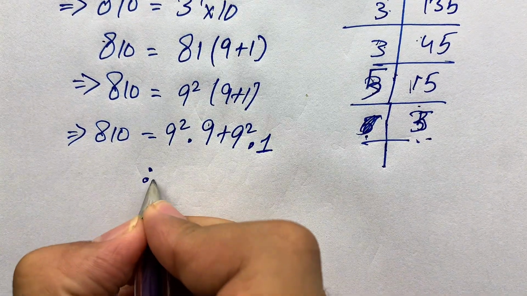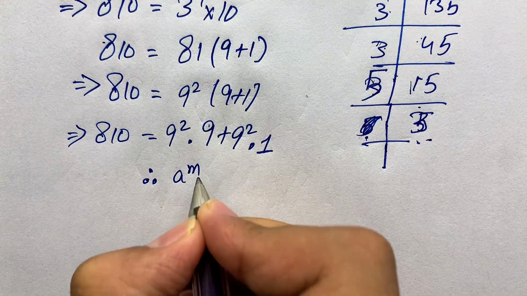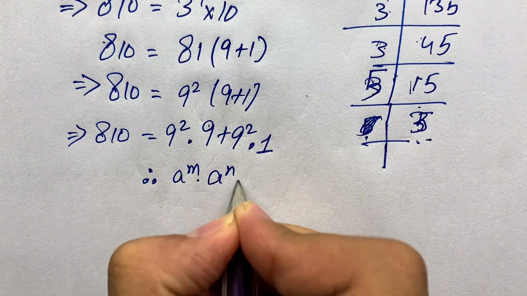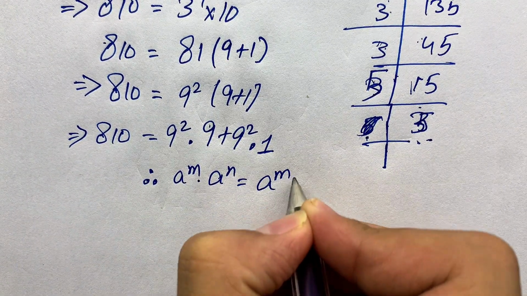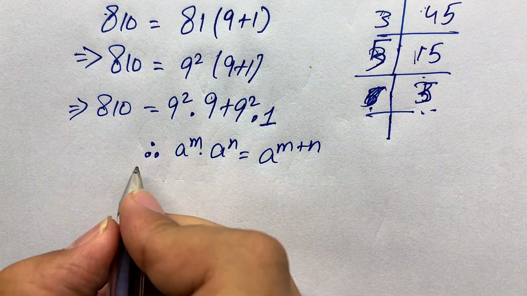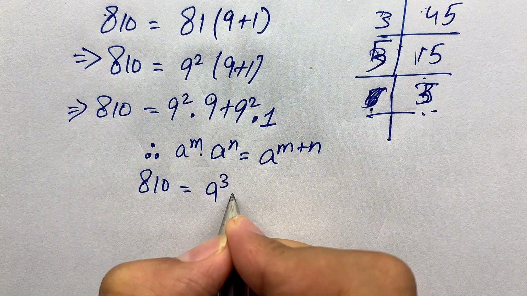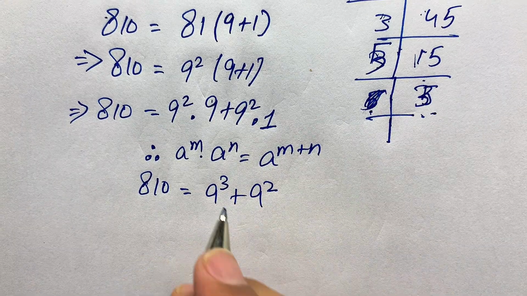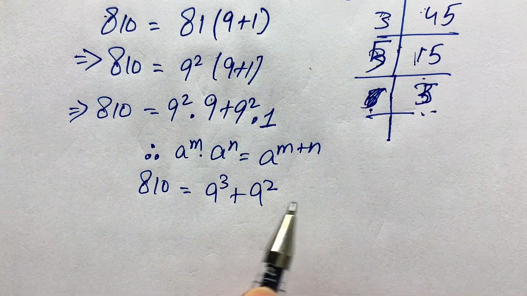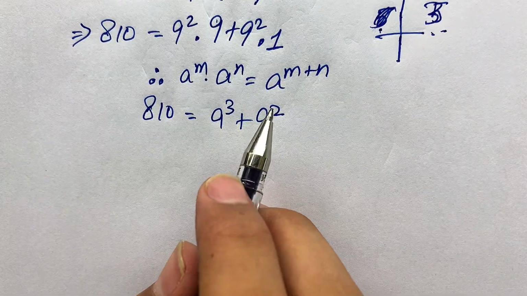Now we use this formula, a^m × a^n is equal to a^(m+n), and this will be 810 is equal to 9^3 plus 9^2. So that we recall our question.